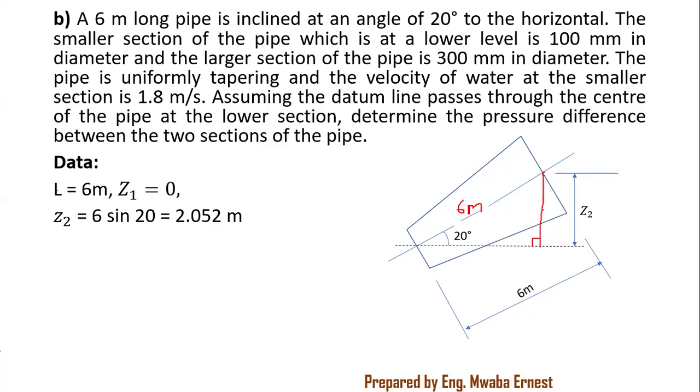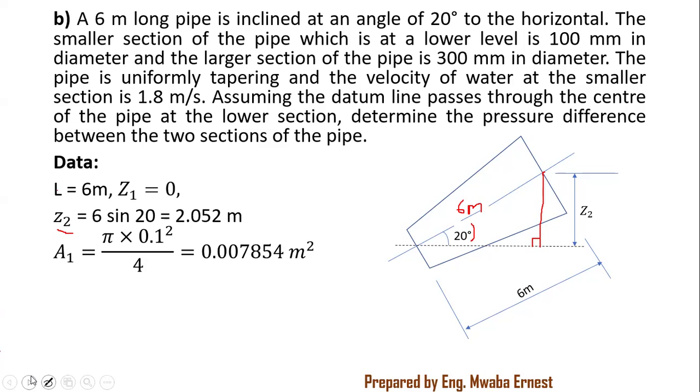You can already see that this Z2 we're looking for is basically opposite this angle, leaving us with sine. So Z2 over 6 meters gives us sine 20. When you make Z2 the subject, you end up with 6 sine 20, which gives 2.052.